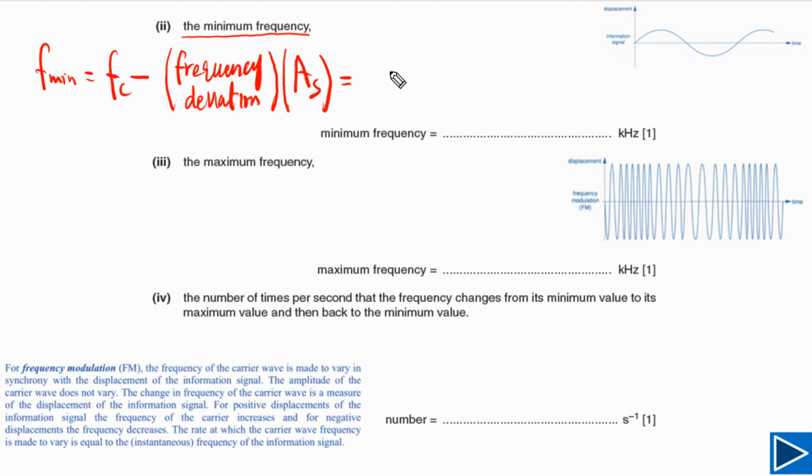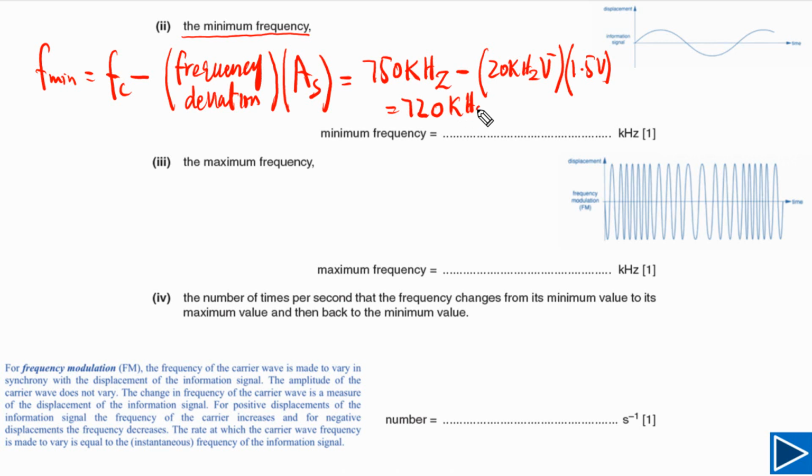If we plug in the values, the frequency of the carrier wave given was 750 kilohertz, the frequency deviation was 20 kilohertz per volt, and the amplitude of the signal is 1.5 volts. If we solve this, our final answer will be 720 kilohertz, and this is the minimum frequency of the frequency modulated wave.